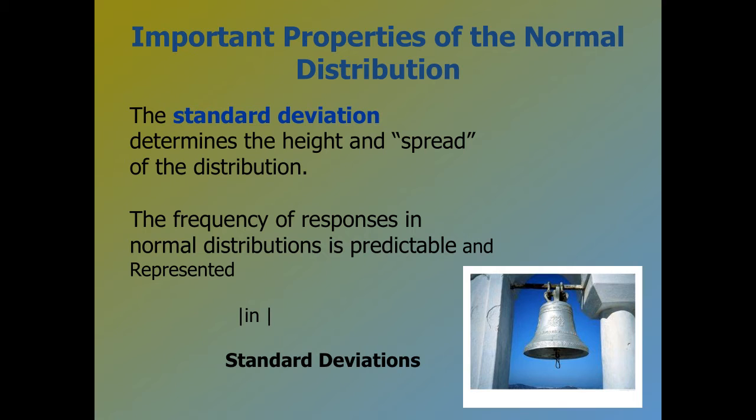When we have a very small standard deviation, the height is going to be greater because that means the majority of scores were very close together. Again, the standard deviation tells you how far away an individual score is from the mean. So with a very large standard deviation, the scores are pretty spread apart, and your distribution is going to look pretty flat and wide, okay?